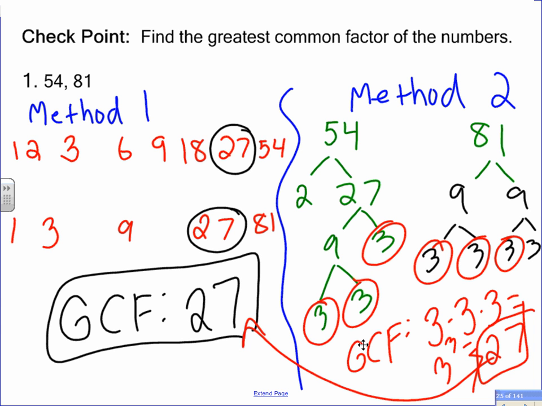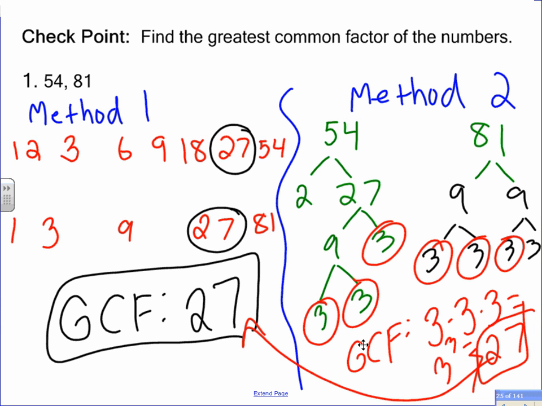Pick the method you want. Go ahead and write it down next to number 1, whichever method you like. If you're doing the factor trees, make sure you circle what they have in common. No, this is the one we just did right here. Oh, well, good, because I taught you 2 now, so now you have 2 options. We just did 1. All you're doing is copying down 1. Pick the method you like, copy down what method you like.